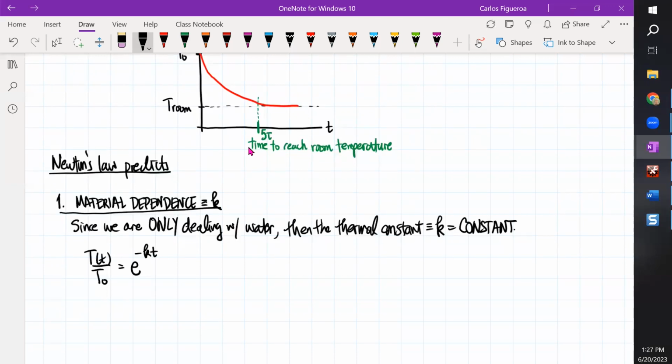But the way we define time is that we redraw this and say that this is t over tau, where tau in this case, which is 1 over k, is defined as the time constant.